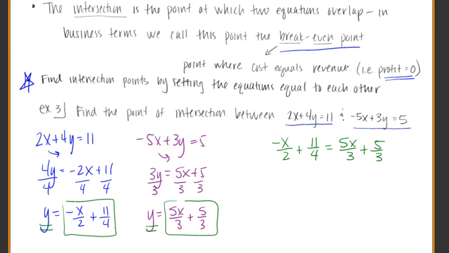Well, I've got a ton of fractions, and I hate fractions, so let's eliminate these. Between 2, 4, and 3, it looks like the LCD would be 12. So we're going to multiply everything through by 12.